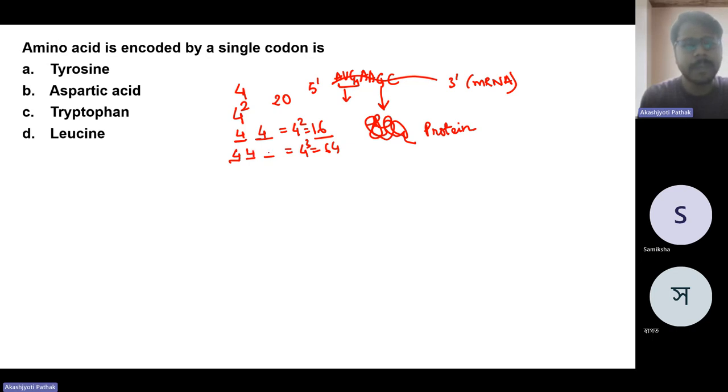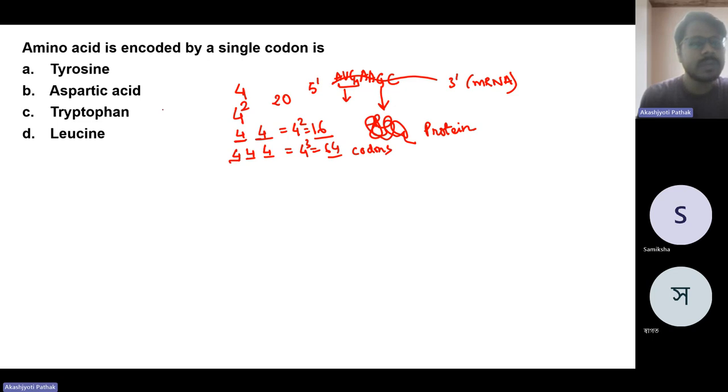In the second position, there can be either A, U, G, or C, and in the third position, there can again be any one of four nucleotides. With these combinations, you can get 64 different codons.